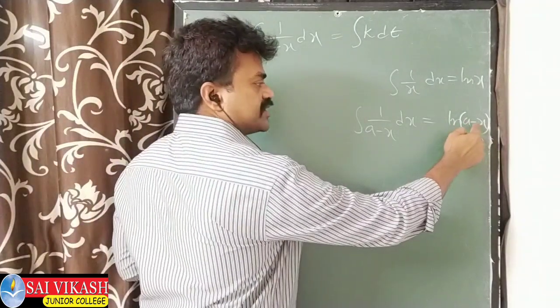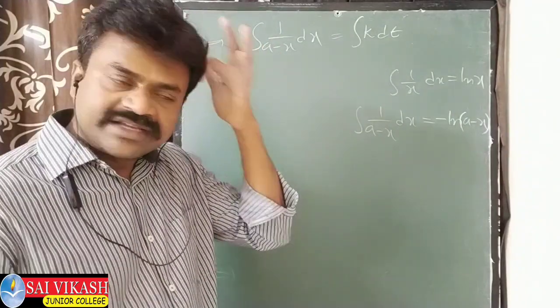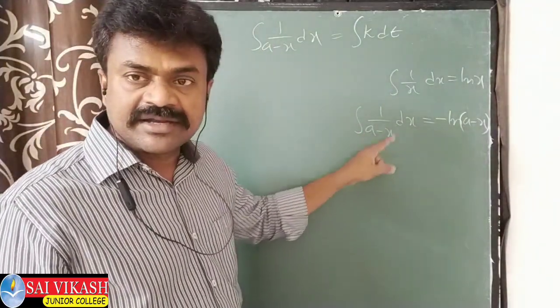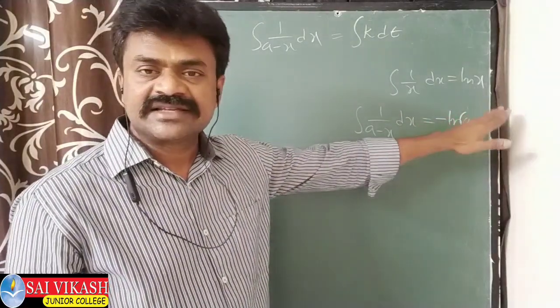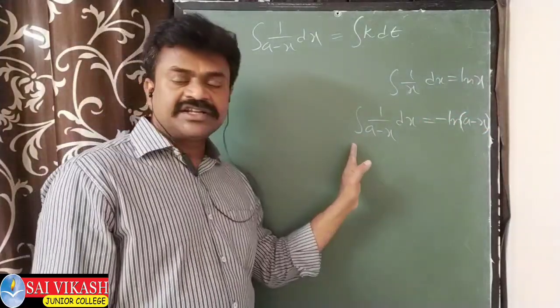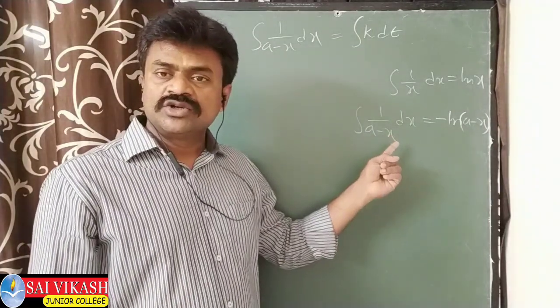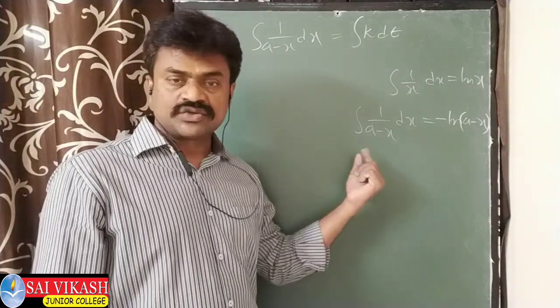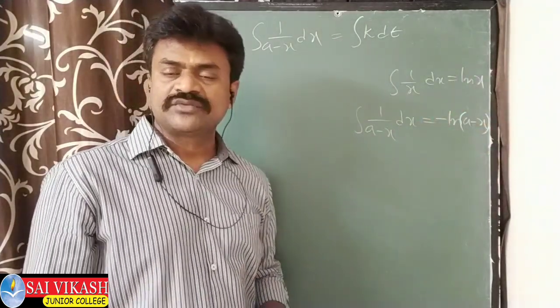The coefficient of x is minus 1, so the formula is integral of 1 by (a minus x) dx is equal to minus ln (a minus x). Suppose the integral of 1 by (a minus 2x) dx comes, then 2 is the coefficient, so minus 2 ln (a minus 2x) we have to write.